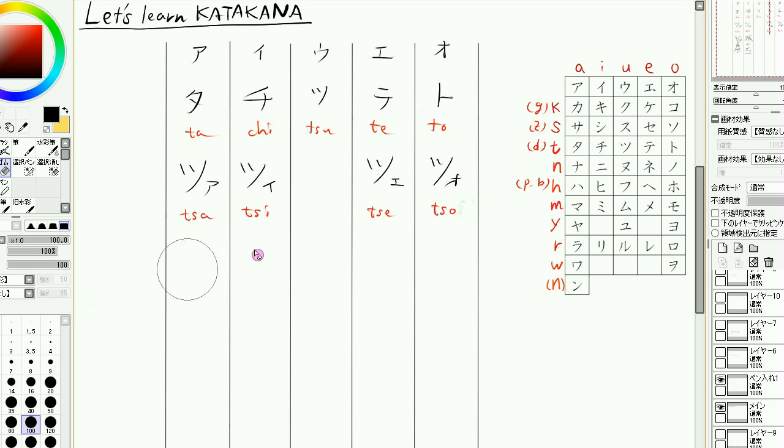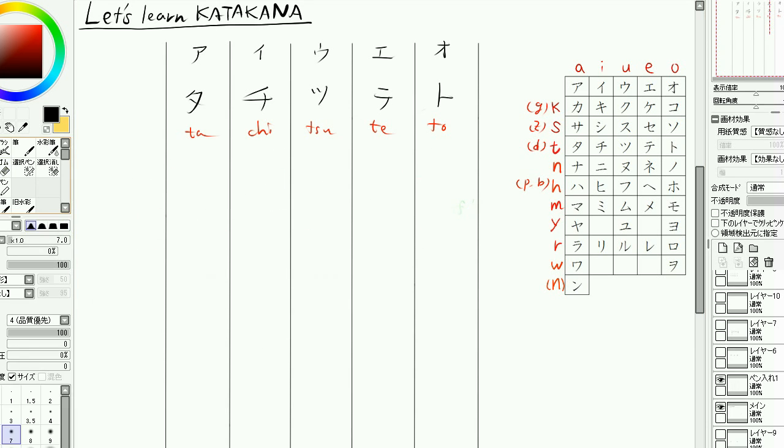All right, now still one more thing in T-row. T-row is very complicated. We learned the small ya, yu, yo sounds in the previous video. When they were combined with T-row, that was only cha, chu, cho, right?